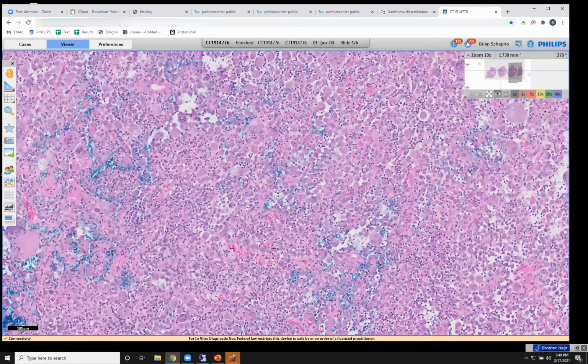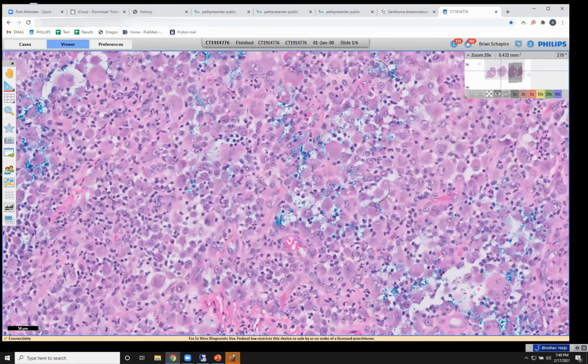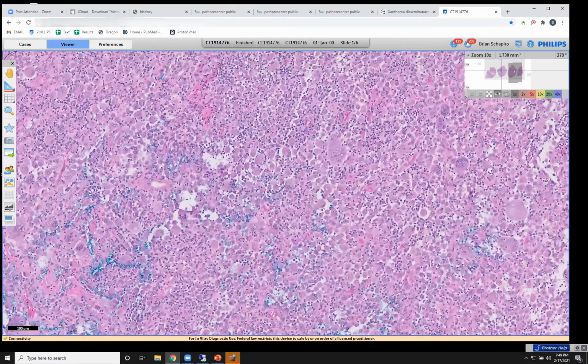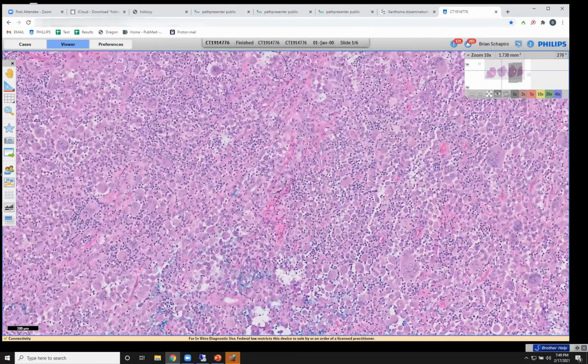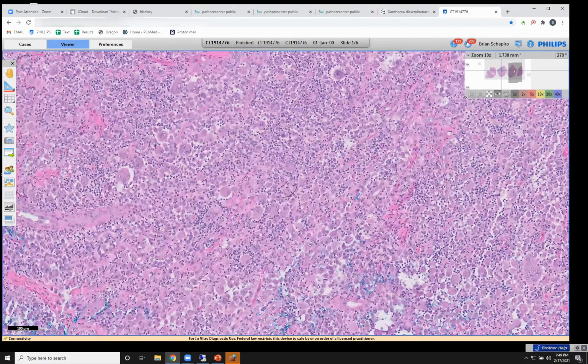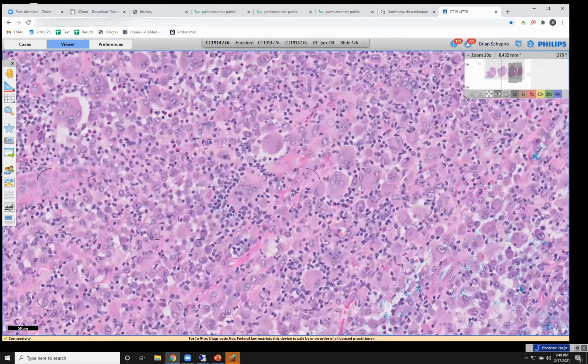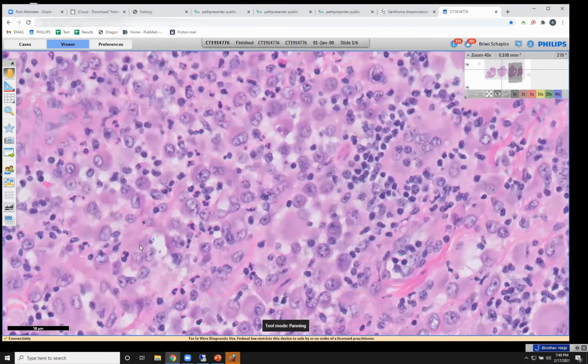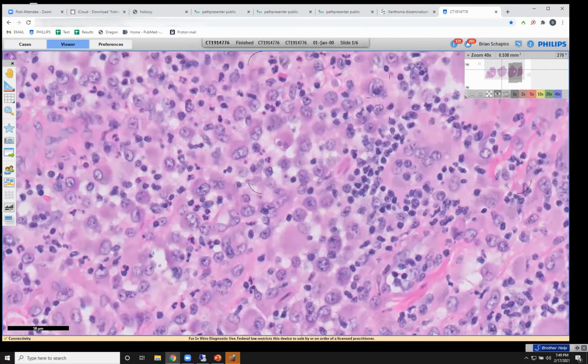So stains we do here are S100, CD1a, and maybe CD207, and maybe CD68. But CD68 stains all histiocytes, so that's not really useful. But here you can get a sense that inside the cytoplasm of some of these cells, you've got neutrophils. Look there. So this is engulfment of the inflammatory cells.